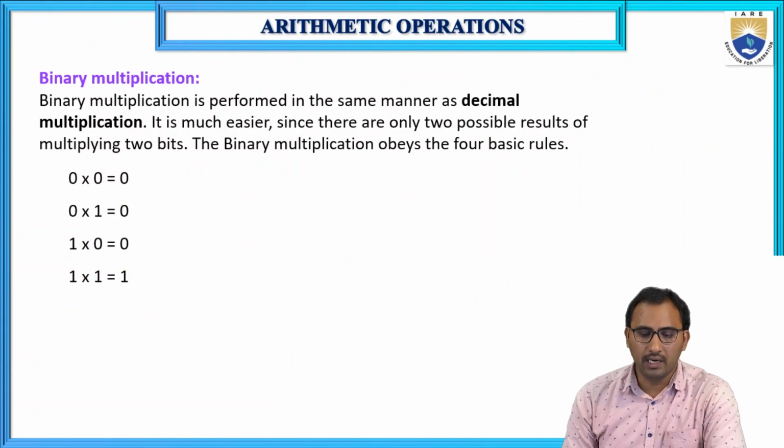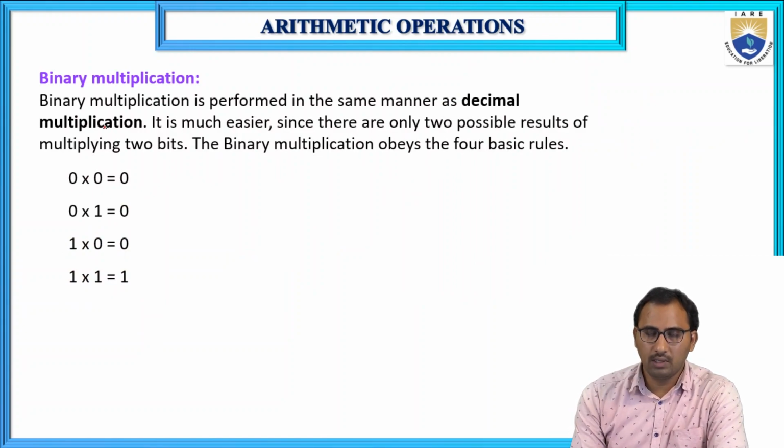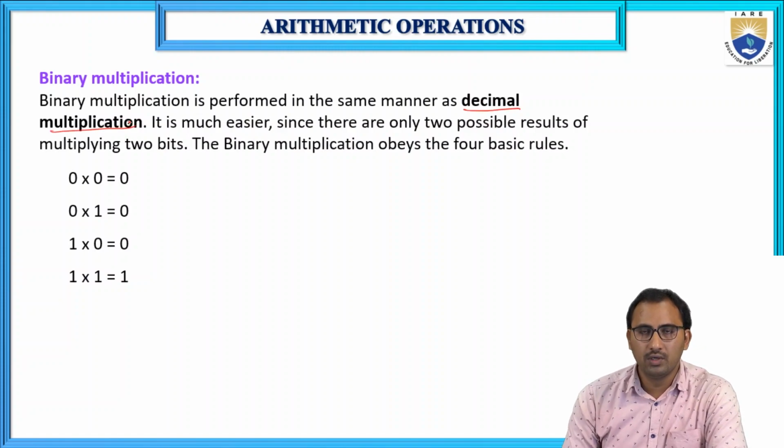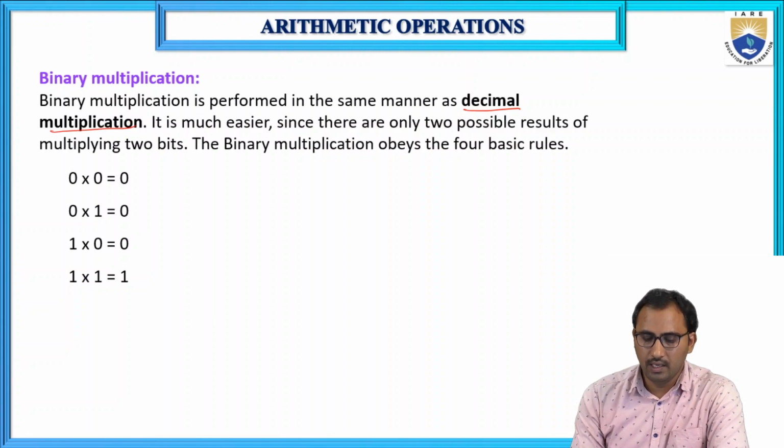Coming to the binary multiplication. The binary multiplication is performed in the same manner as the decimal multiplication. It is much easier since there are only 2 possible results of multiplying 2 bits. The binary multiplication obeys 4 basic rules.